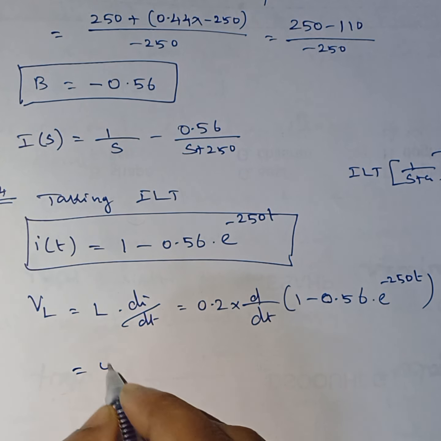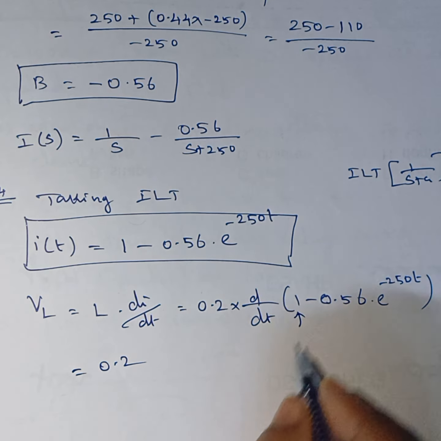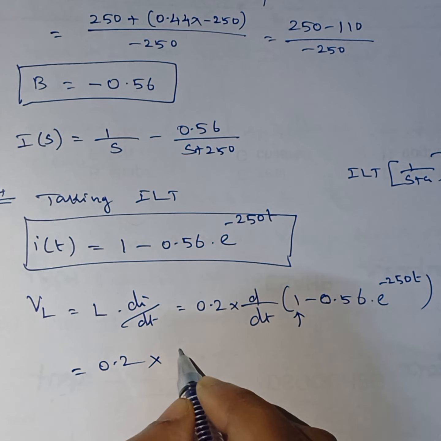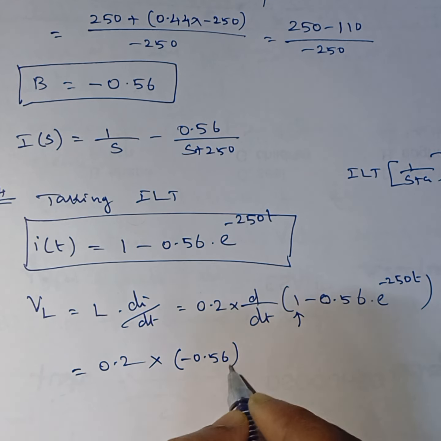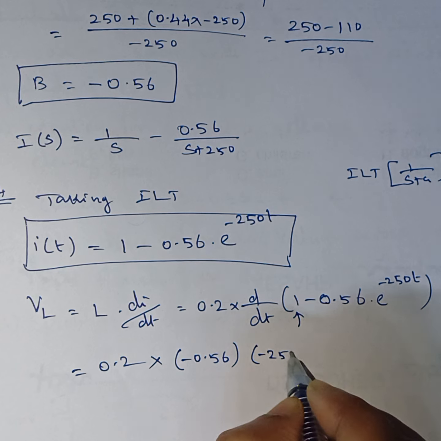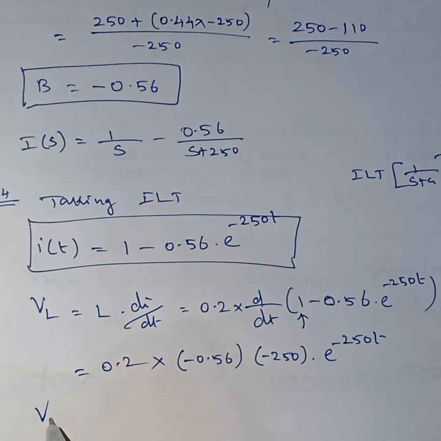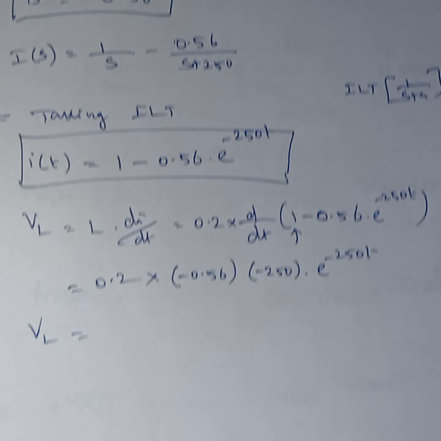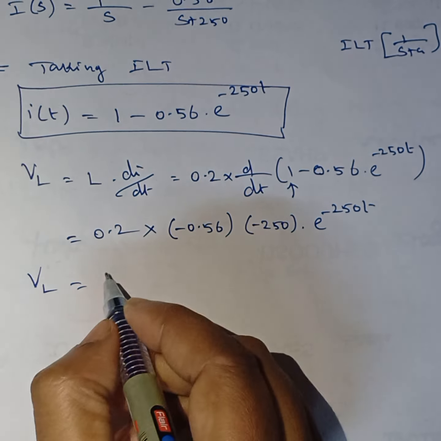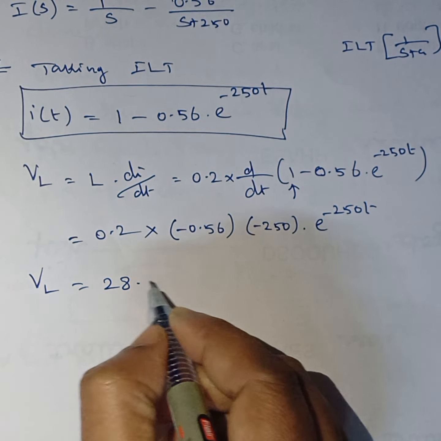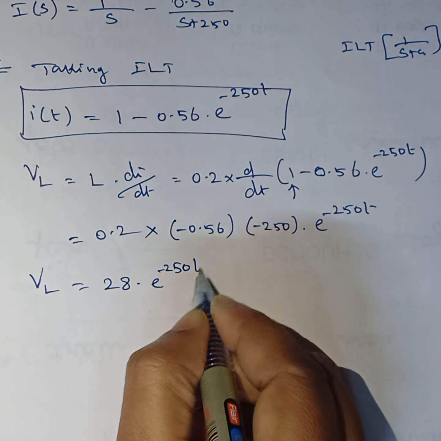Differentiating, the 1 becomes 0, and the left out is minus 0.56 and then minus 250 into e power of minus 250t. So I'll get VL as 28 e power of minus 250t.